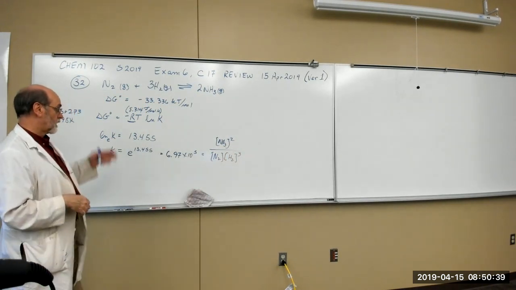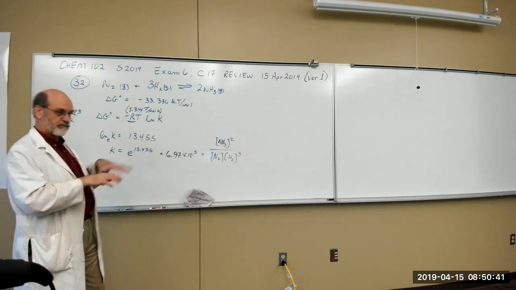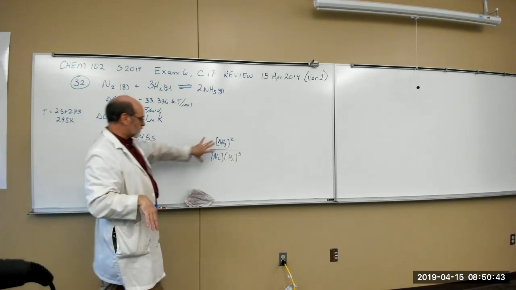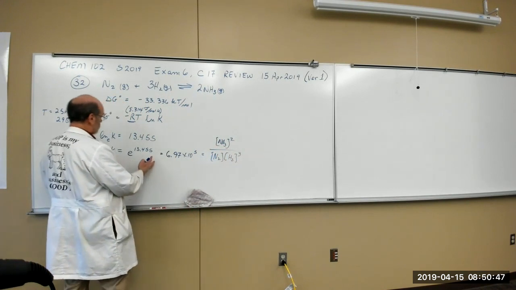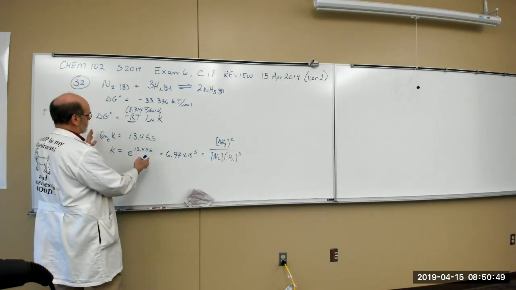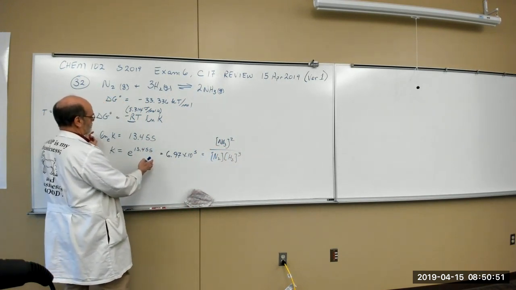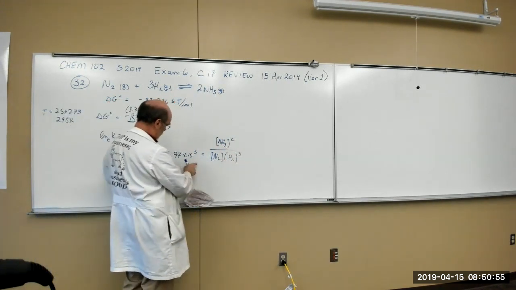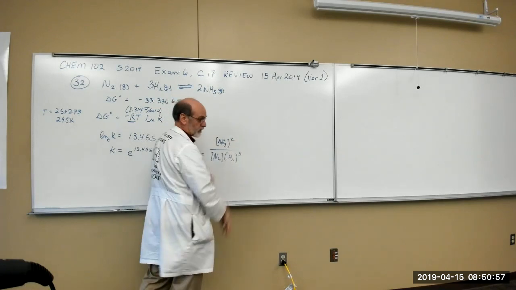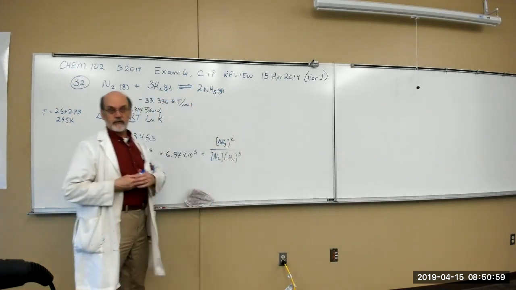When we were studying equilibrium by itself, we were using expressions like this equal to that number. But now we can use thermodynamics to determine what this is. And once we know that, we can use that expression to do whatever else we want.